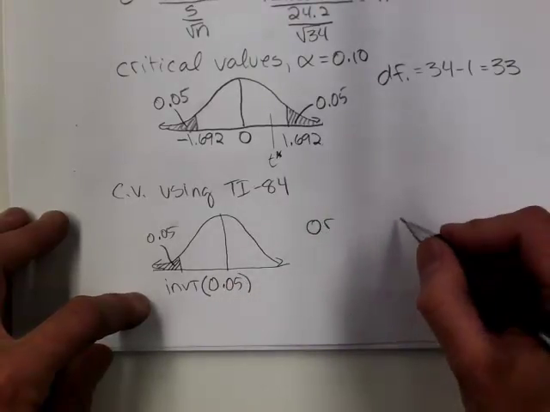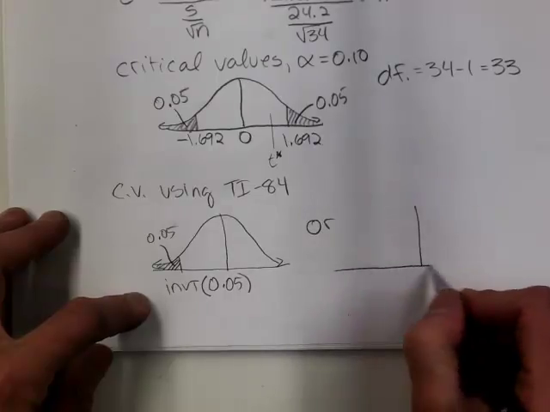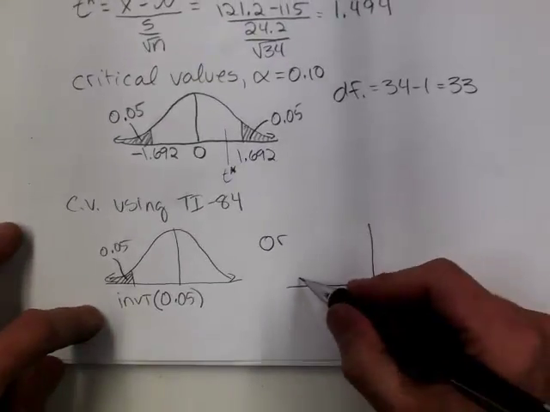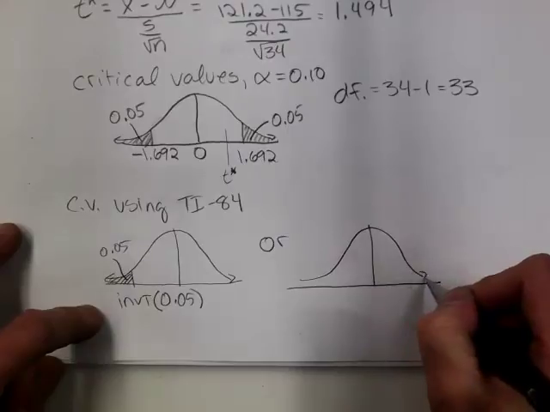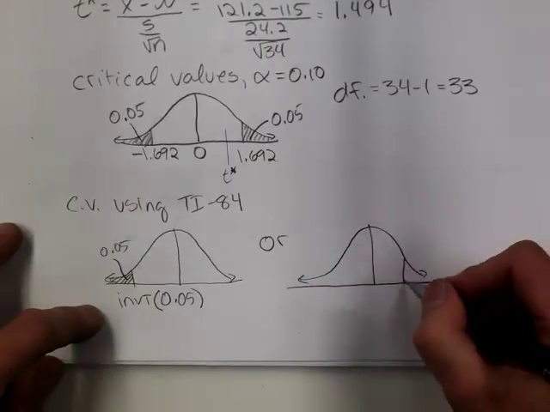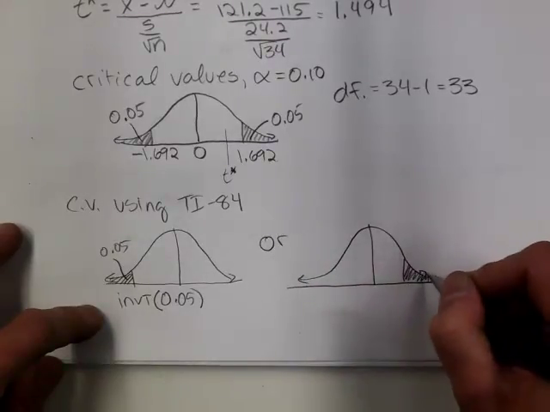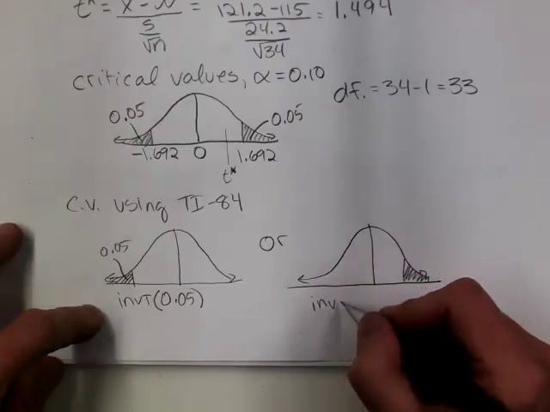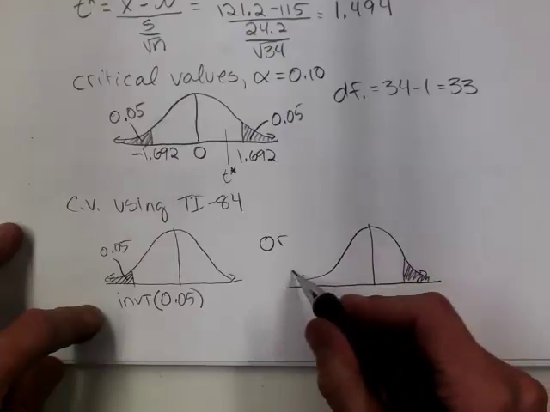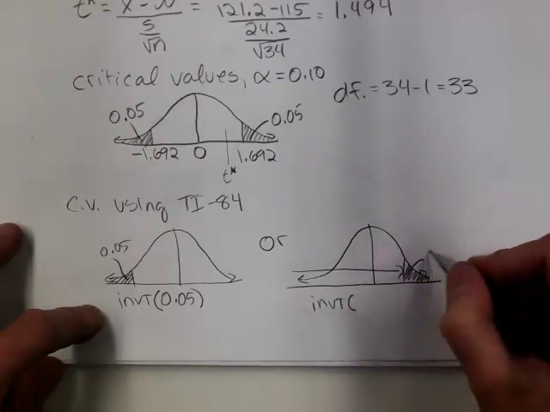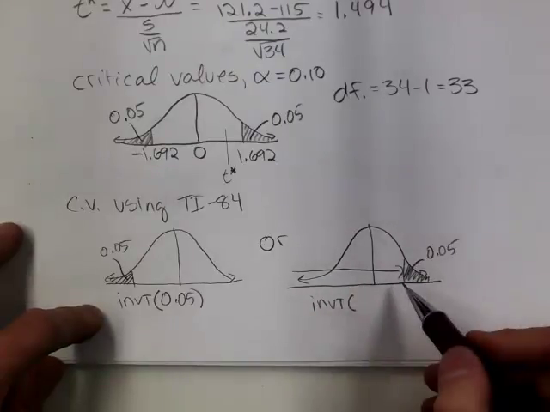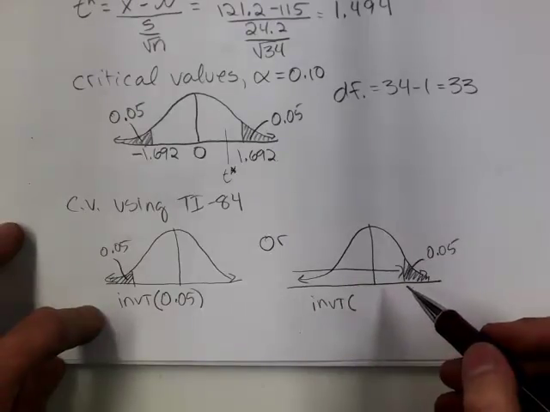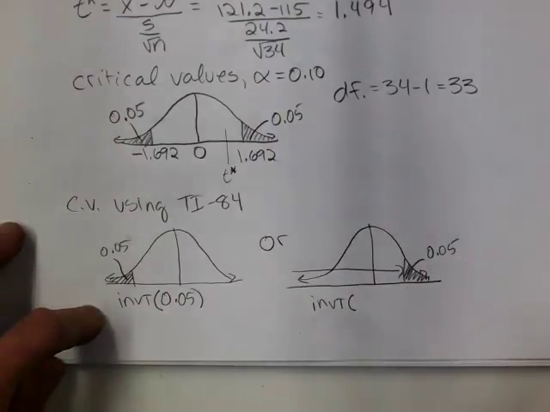Or I can also use my inverse t and find the upper one. But if you find one, you have them both because of symmetry. For the upper one, I need a cumulative area. I don't want to put in 0.05. What would be my cumulative area? 0.95.